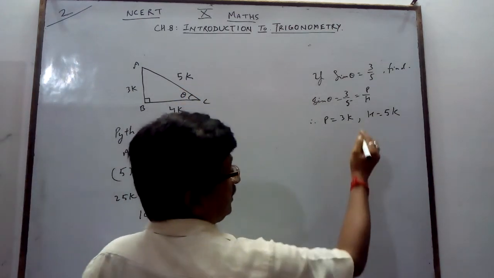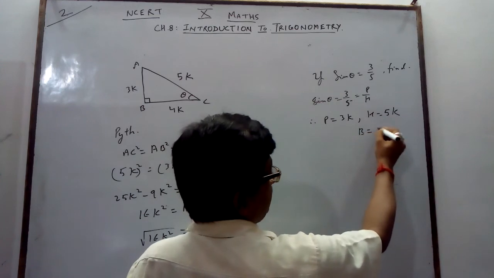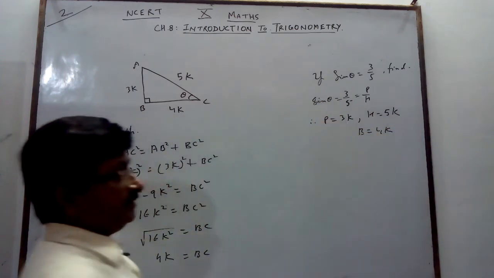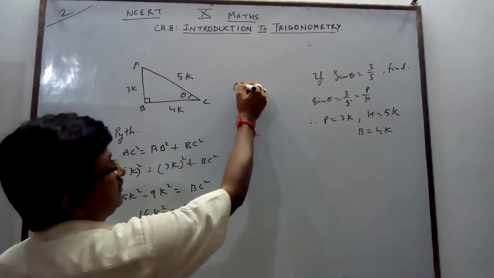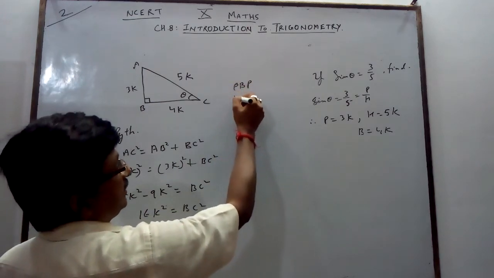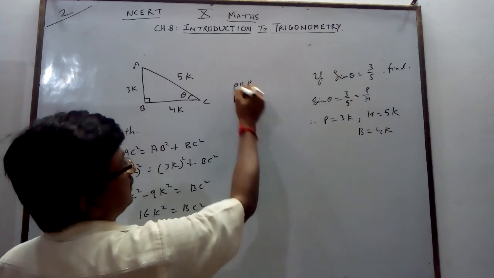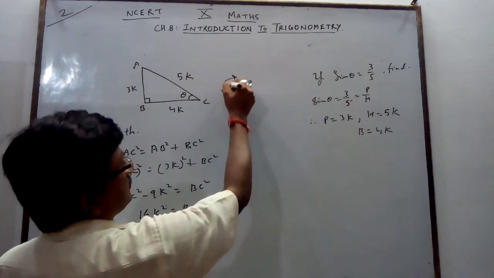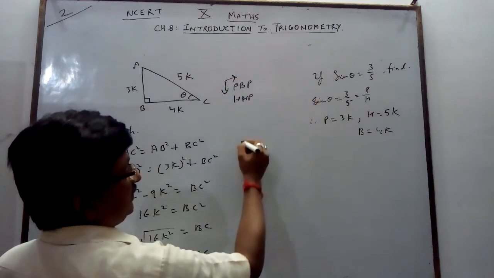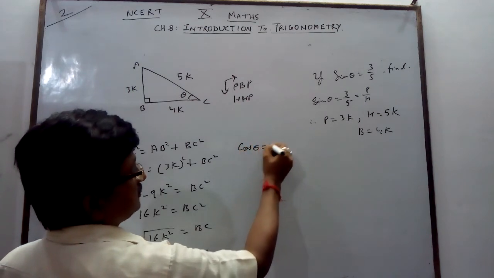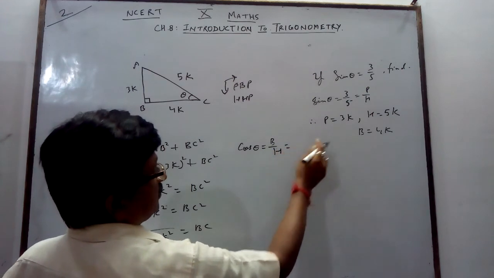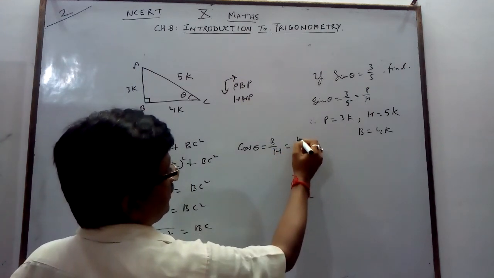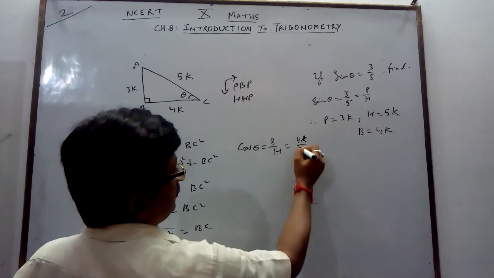Now you have the perpendicular, hypotenuse and base. Base is 4K. Apply PBH, Pandit Badri Prasad har har bole: PBP upon HHB, and you know sine, cos, tan. Sine is given. What is cos theta? Cos theta is equal to B upon H, which is 4K upon 5K.